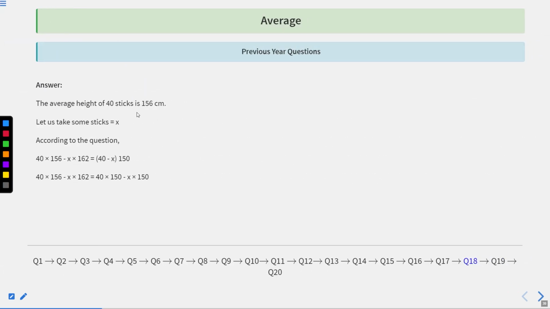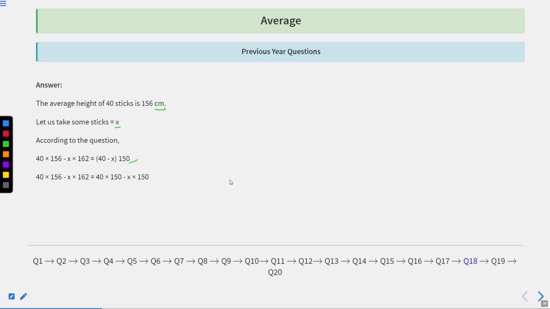The average height of 40 sticks is 156 centimeter. Let us take the number of sticks taken out to be x. So now according to the question, 40 times 156 minus x into 162 is equal to 40 minus x times 150. Again, the same formula is used here, that is sum is equal to average into number of observations.